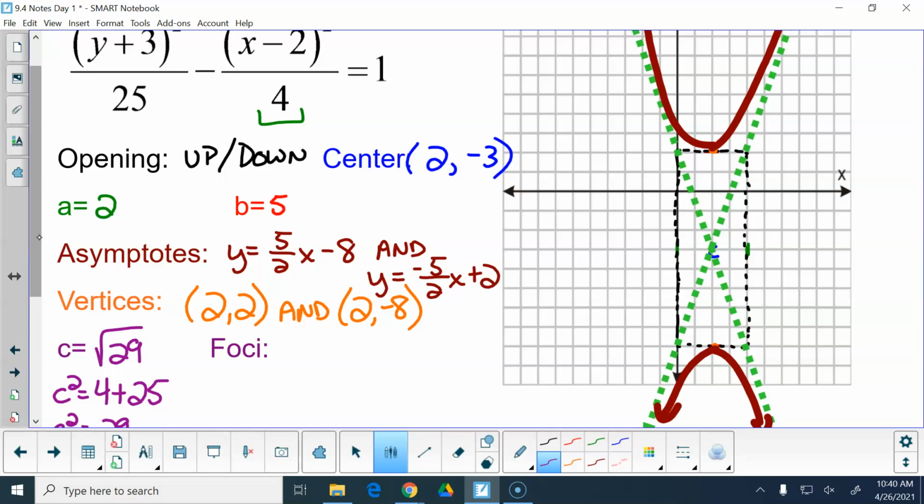So if our center was at 2, -3, that means our foci are at 2, -3 plus minus the square root of 29, which we said was just a little bit more than 5. So it would be in there and in there. Okay?